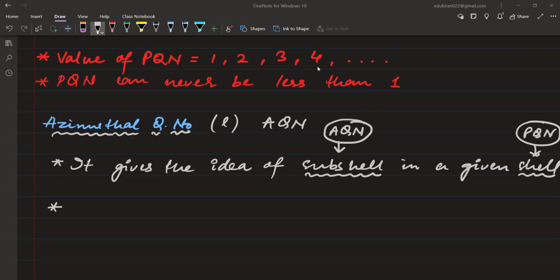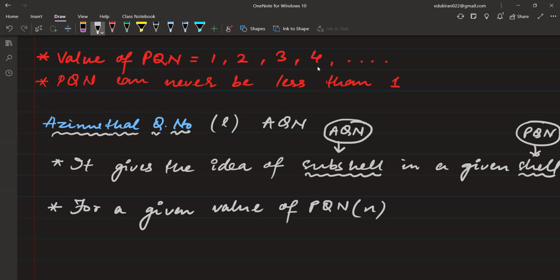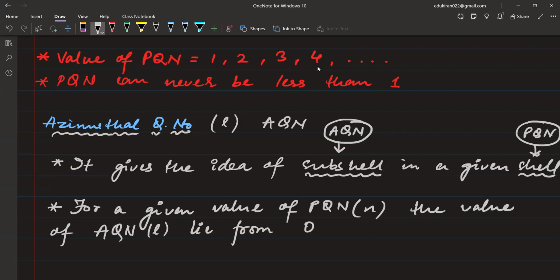And if you're talking about the allowed values of azimuthal quantum number, then I have to say, for a given value of principal quantum number, let us suppose n, the value of azimuthal quantum number, that is L, lies from 0 to n minus 1.